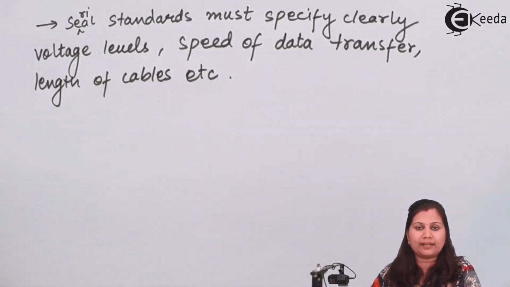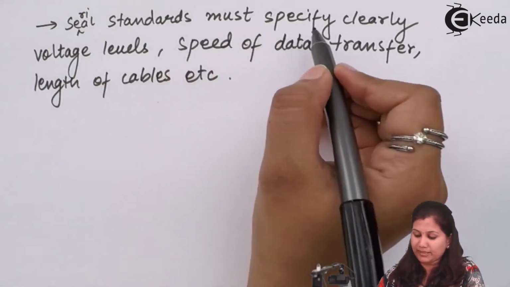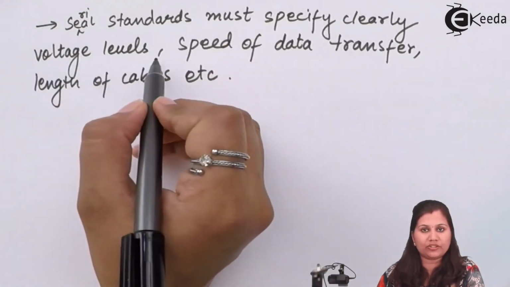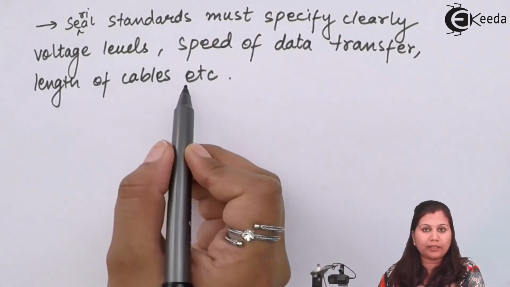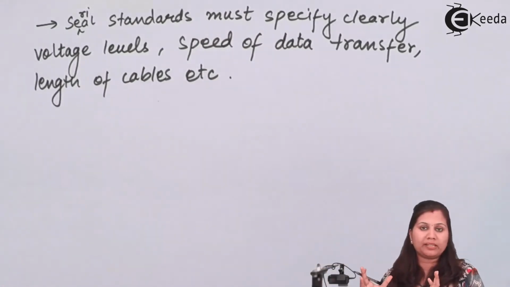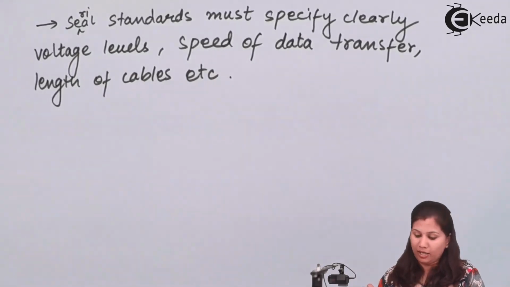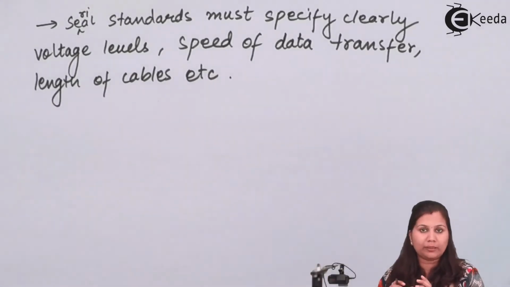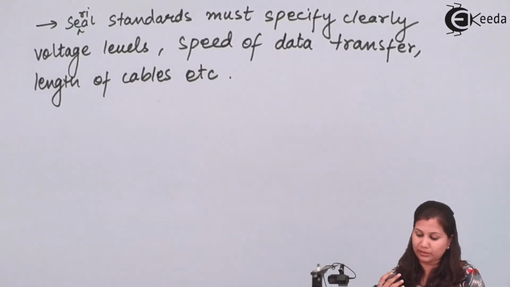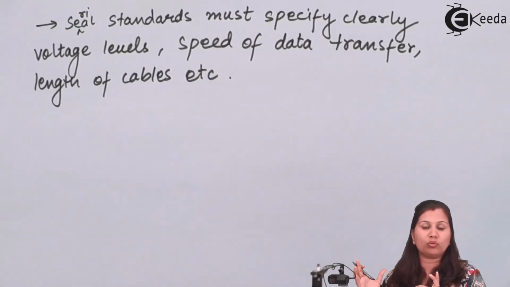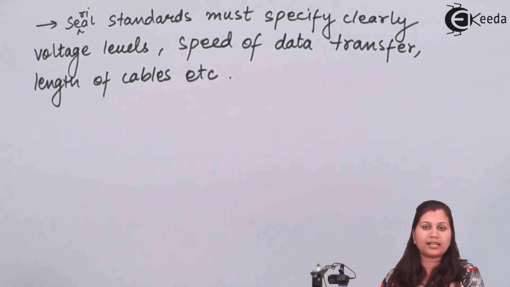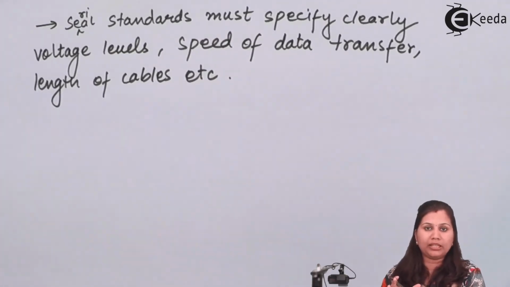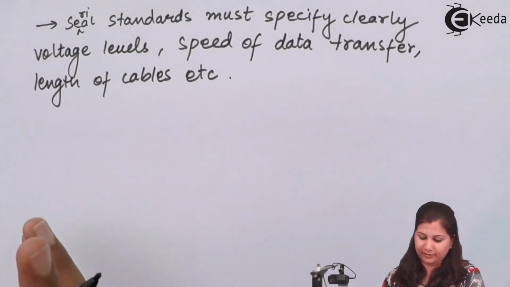These serial communication standards must clearly specify the voltage levels, the speed of the data transfer, and the length of the cables. That means when two equipments are connected, what would be the length of the cables between the two equipments, what should be the speed of the data transfer, and what should be the voltage levels of the two equipments. All these things are specified in the communication or interfacing standards.